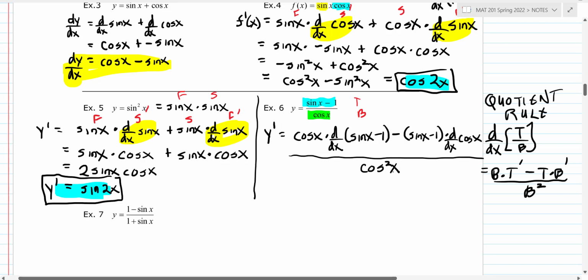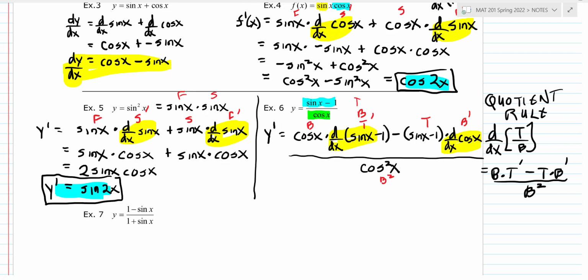So we got that in the quotient rule. We did the bottom, derivative of top, top, derivative of bottom, bottom squared, just to emphasize how that went. Now we have a couple of derivatives that we should be able to do. Cosine x comes down.